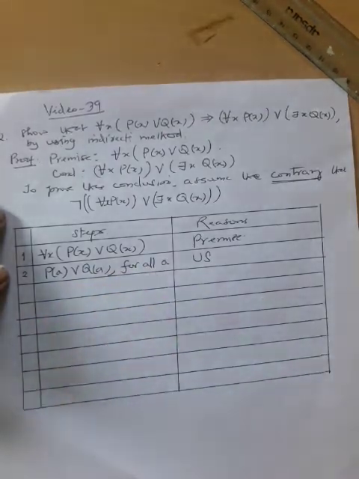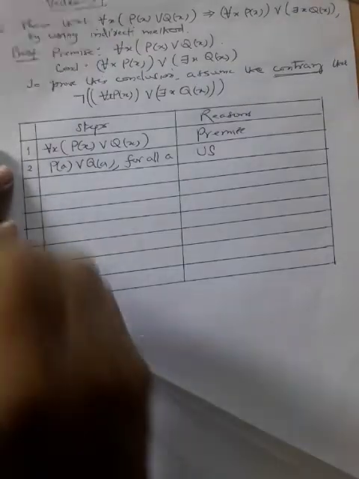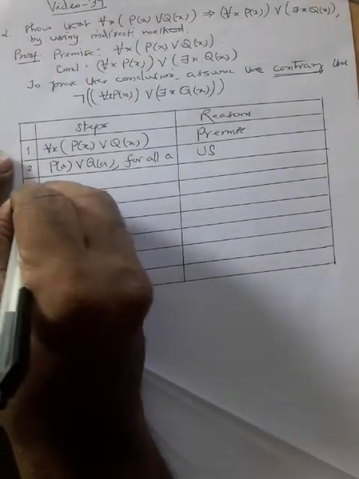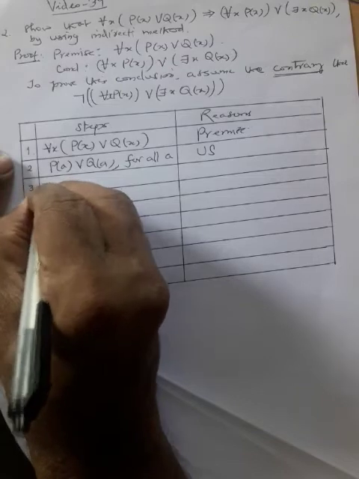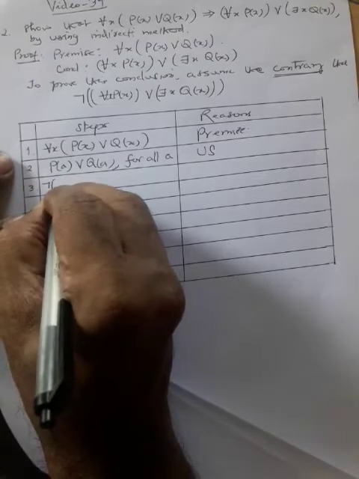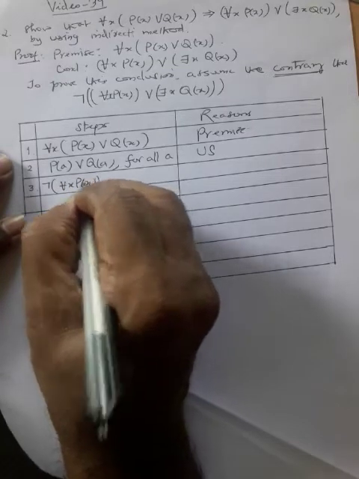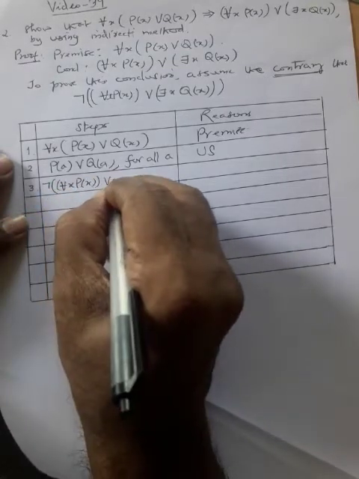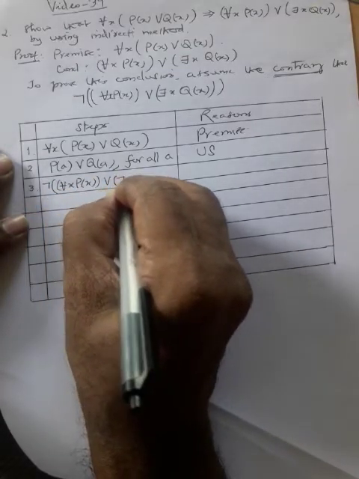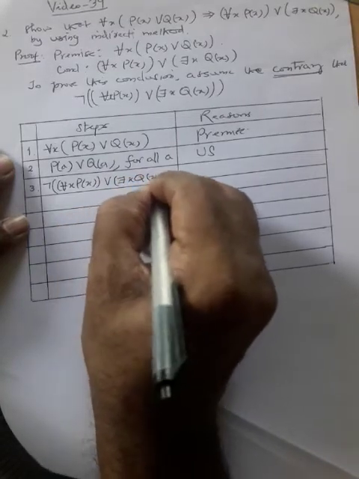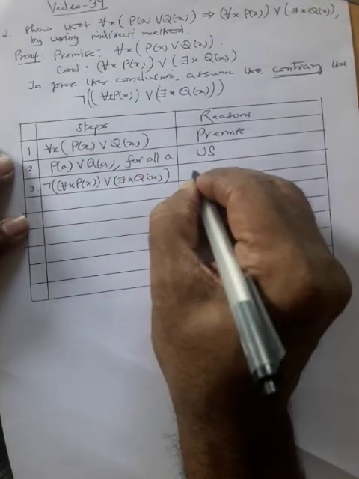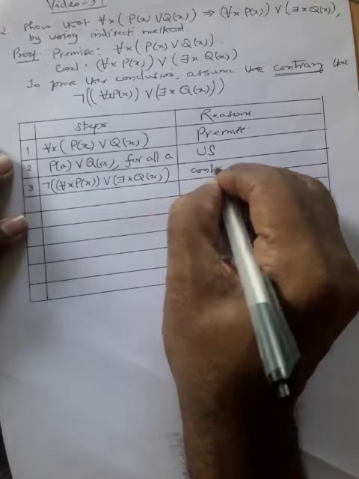What is our contrary assumption? Contrary assumption is the negation of for every x, p of x or there exists x, q of x. So this is the contrary assumption.